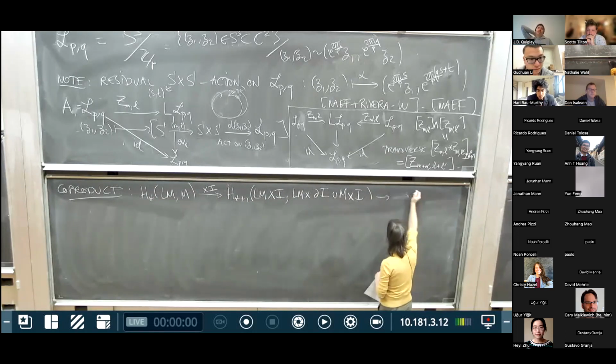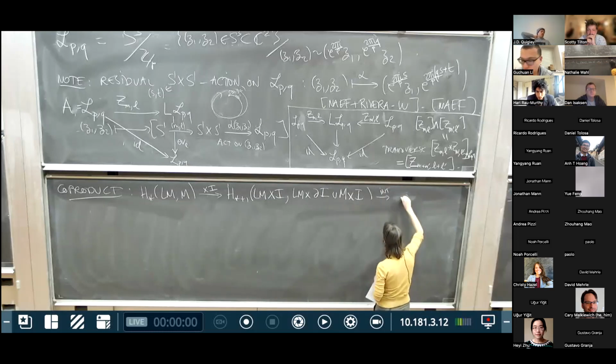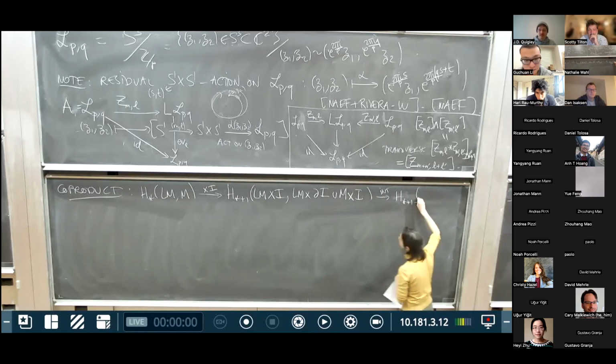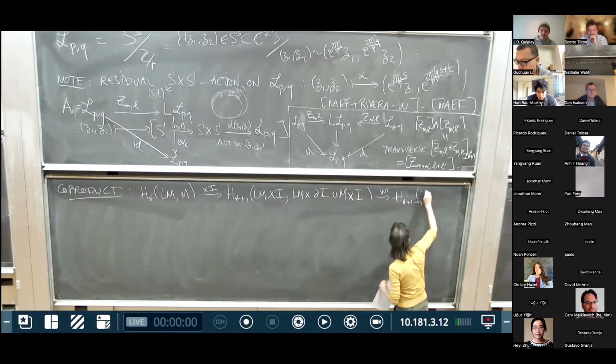The important part is this intersection, the thing that we want to compute, which goes from here to here. We want to land in the homology, shifted by 1 minus n, of loops that have self-intersections, self-intersecting.